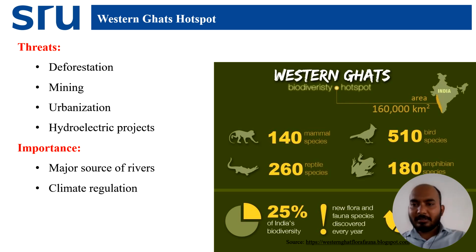If we control these kinds of activities, we can also control biodiversity loss. These activities destroy natural habitats and fragment the ecosystem. As habitats become fragmented, species populations decrease and the ecological balance is disturbed.